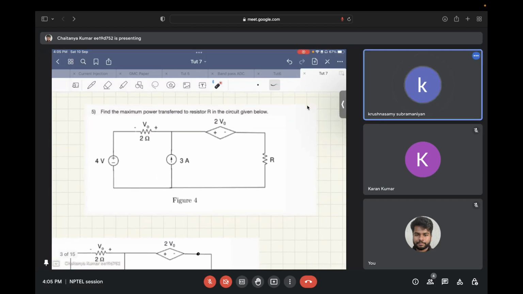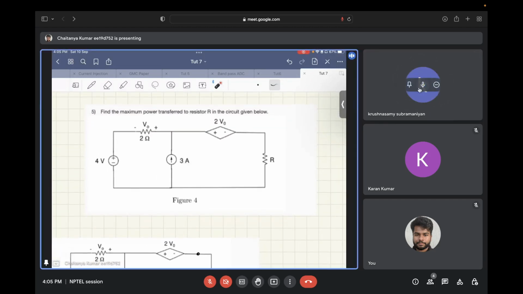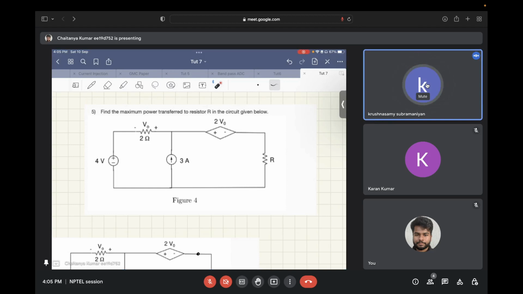Now, in this question, we need to find the maximum power that can be transferred to the resistor R. So, all the people in the meet, have you guys tried this question? Yes.